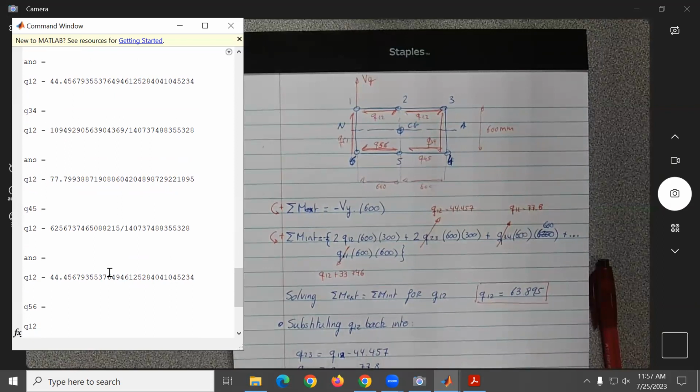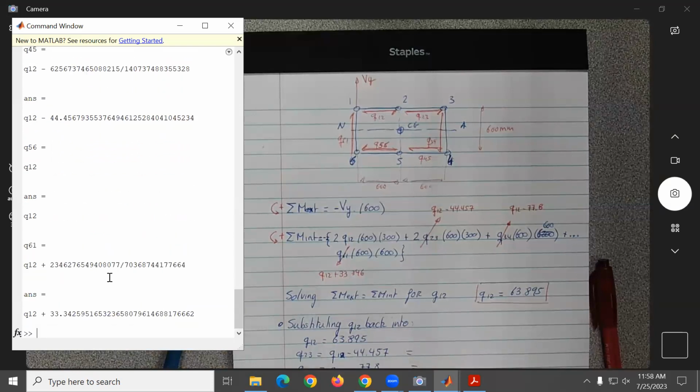And Q61, or Q16, is the same thing: Q12 plus 33.346. Okay, so this one will be 63.895, same as Q12. 63.895.